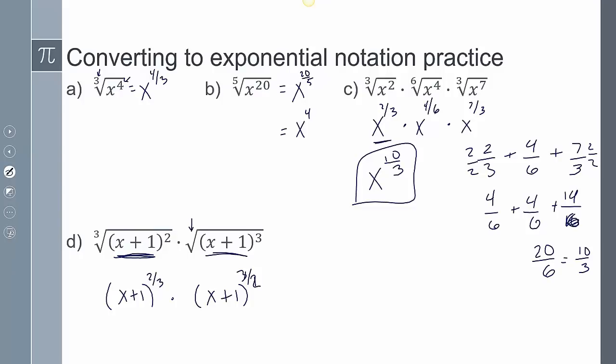Because remember, if it's a square root, then there's like that imaginary 2 there. So now they have the same base, so adding the powers together, so 2/3 plus 3/2, this needs a 3 over 3, this needs a 2 over 2, you find the common denominator. So you get 4/6 plus 9/6, and that'll give me 13/6. So I can say that this is x plus 1 to the 13/6 power.